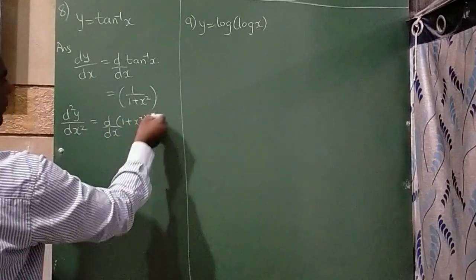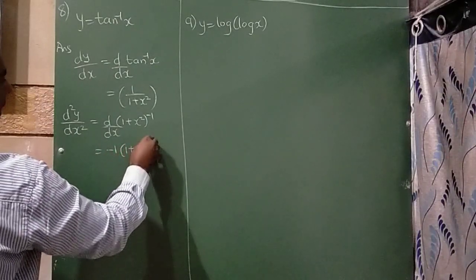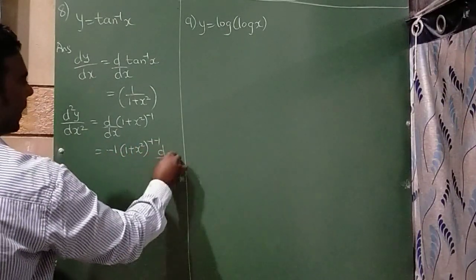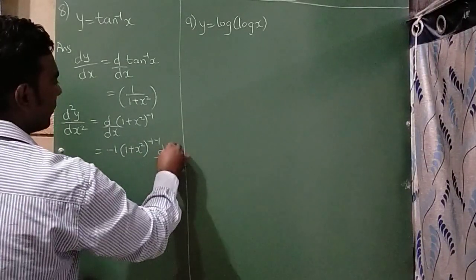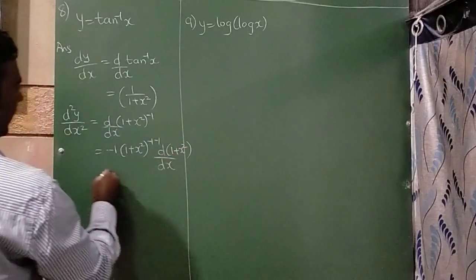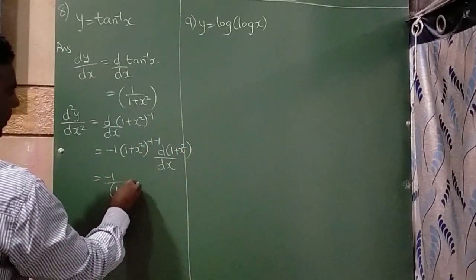So as you know the formula of this, it will become minus (1 plus x square) raised to minus 1 minus 1, again by chain rule. By chain rule it will become d by dx of (1 plus x square). So minus 1 minus 2, that I will write in the denominator part.